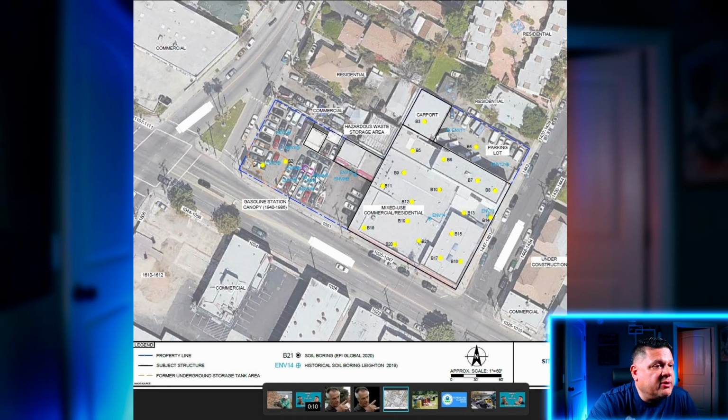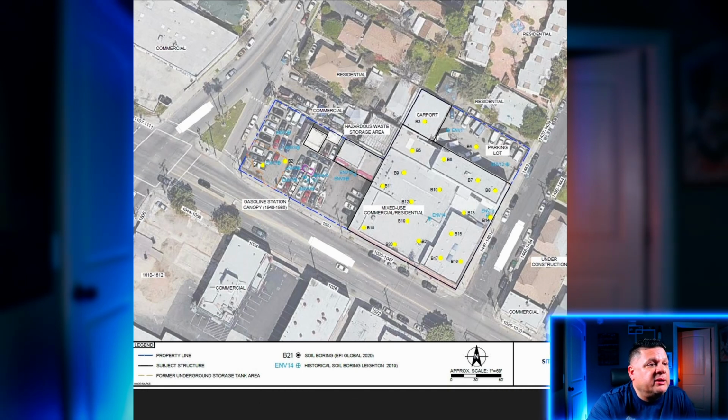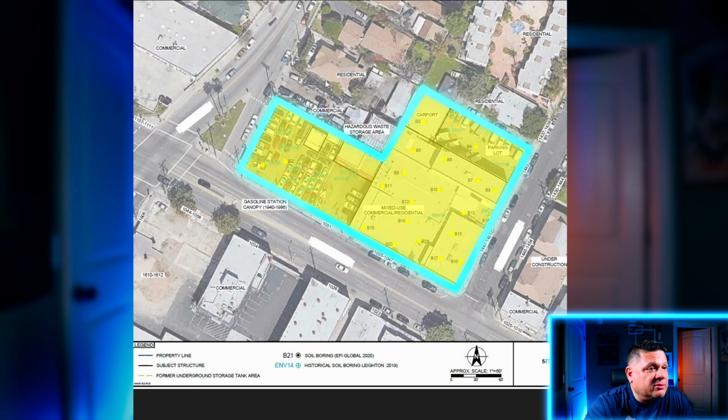And so I'll give you an example of how these can come into play. My client owns all this right here, and we're getting ready to demolish this to build low-income housing. And the issue at hand is that this property is pretty old, and what used to be here was a gas station.